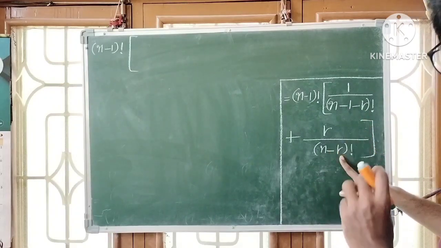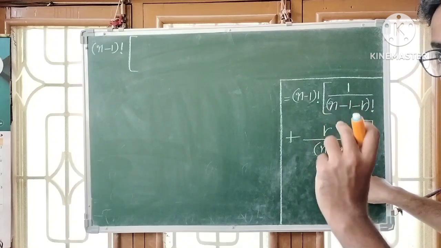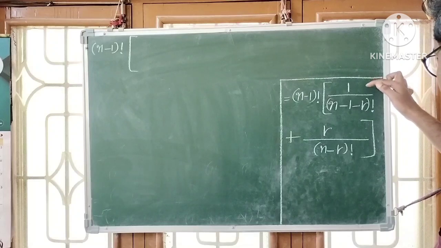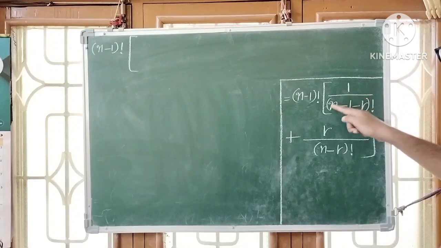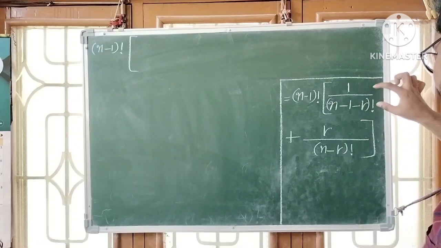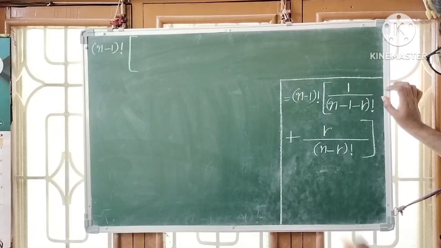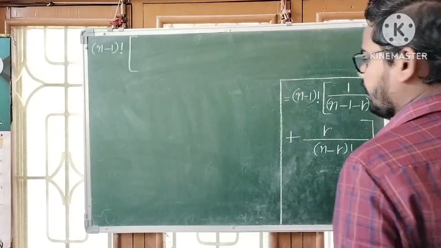To make the common denominator n minus r factorial, multiply the first term. The first term is 1 by n minus 1 minus r factorial. So multiply and divide this term by n minus r.